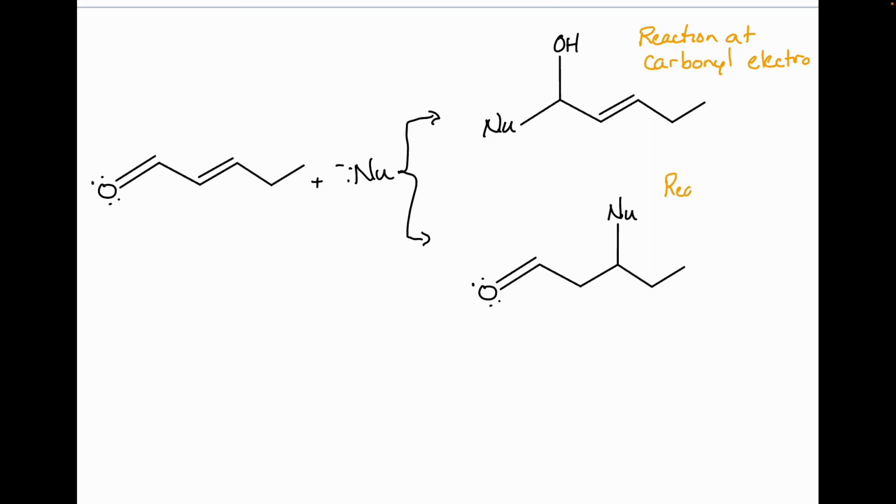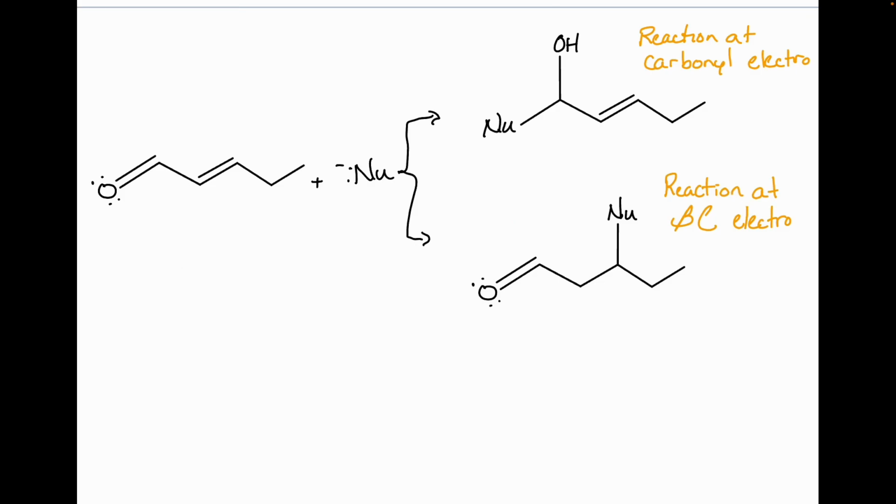So this is the reaction at our beta carbon electrophilic site. All right, so both the carbonyl carbon and the beta carbon can play the role of an electrophile in these alpha beta unsaturated aldehydes or ketones, or enones as they're called.